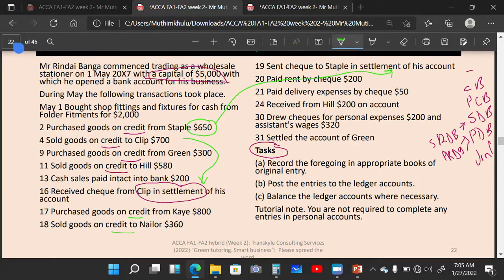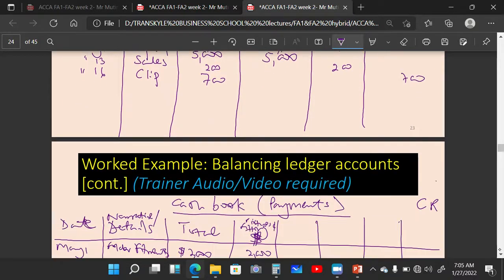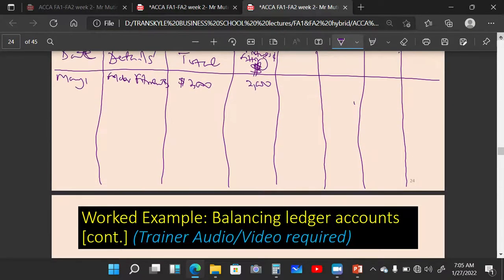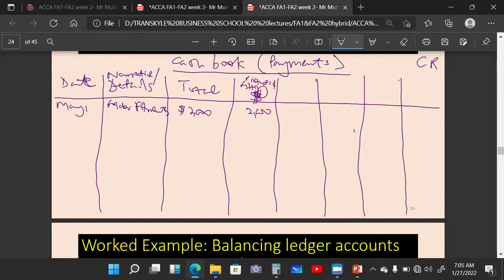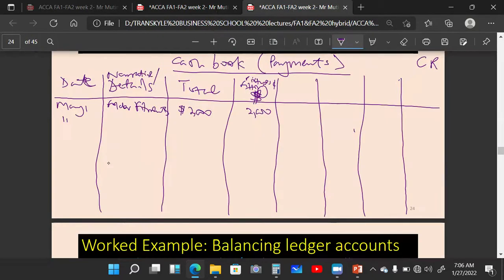So we have to record in our cash book payments side Mr. Staple. You have to know the date and the amount, 650, on the 19th of May. Staple. And this is 650 in total.